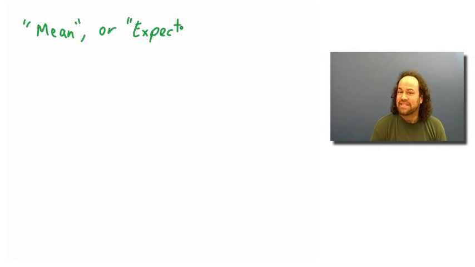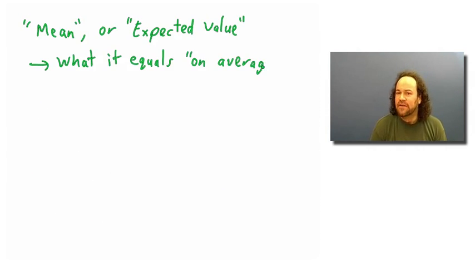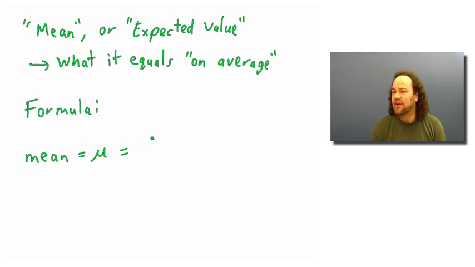Now, once we're talking about these random variables, we can talk about other quantities related to them. For example, we can talk about their mean, or their expected value, which is what number they equal on average. There's a simple formula for computing the expected value of a random variable x. You just add up all the possible values multiplied by all the probabilities that x equals that value.